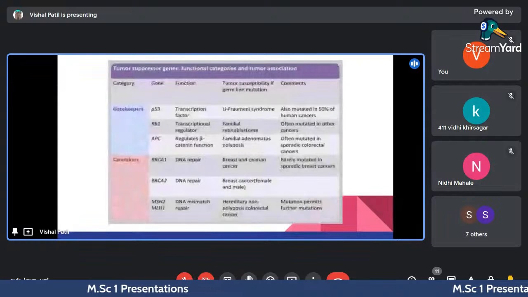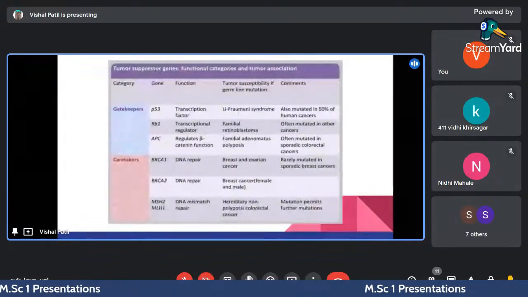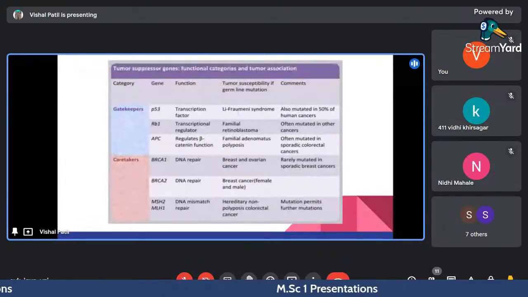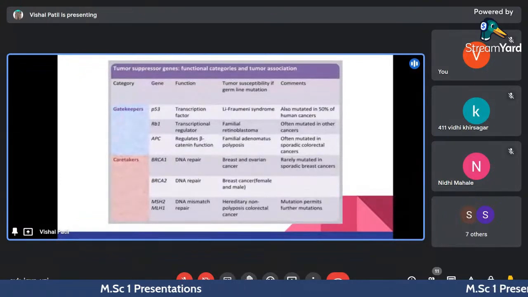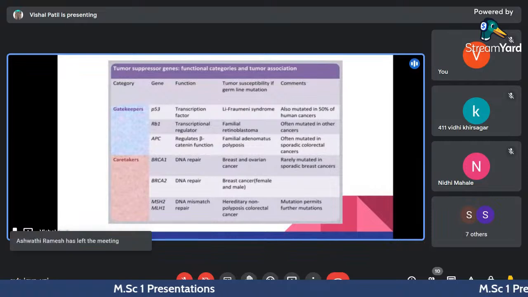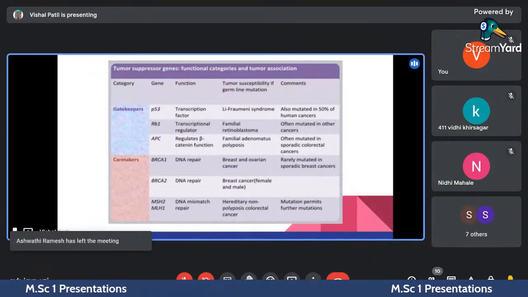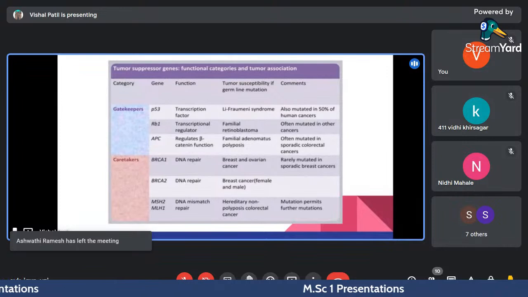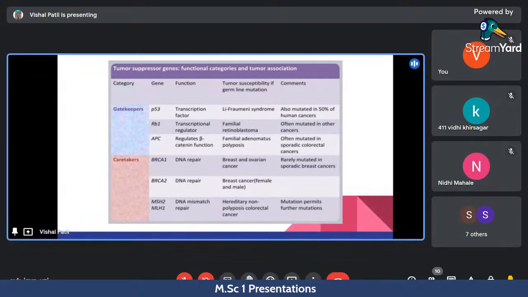This is the functional categories and tumor associations. In gatekeepers, three genes are there: first is P53, RB1, and APC, and their functions are transcription factor, transcriptional regulator, and regulating beta catenin function.